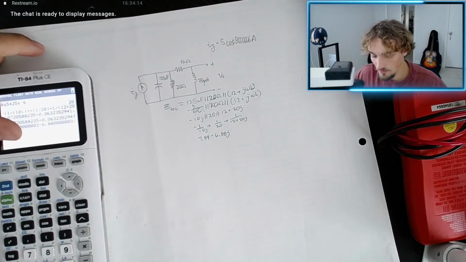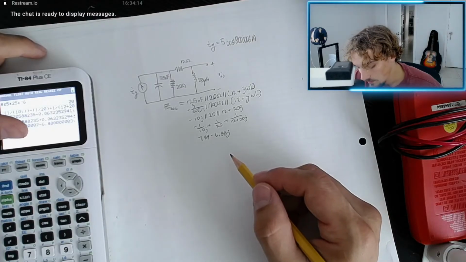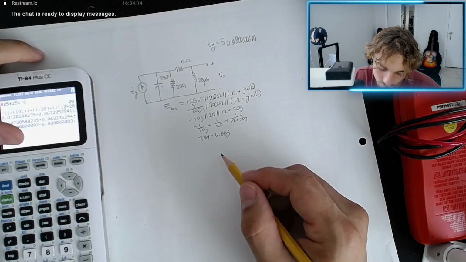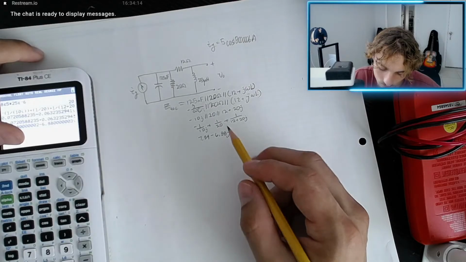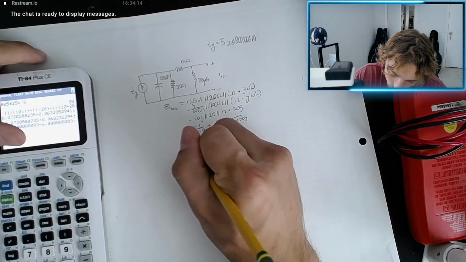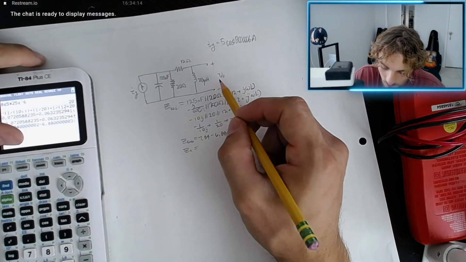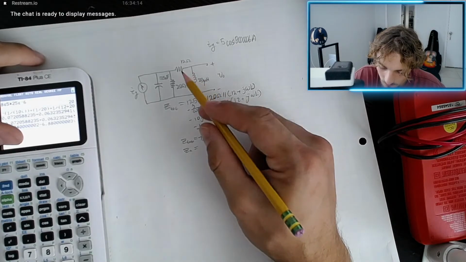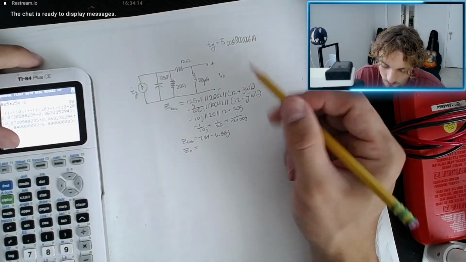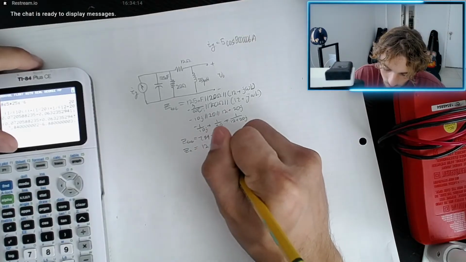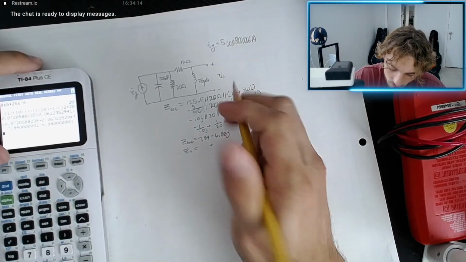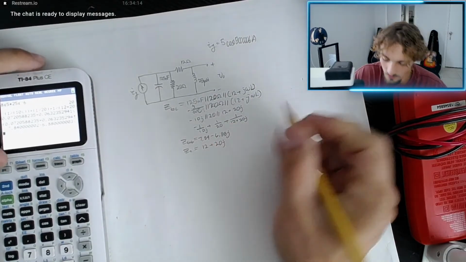Okay, that's the result. That's our Z total. And then Zn equals, well, it's just going to be this branch. So 12 plus 20j. Yeah, that's it.